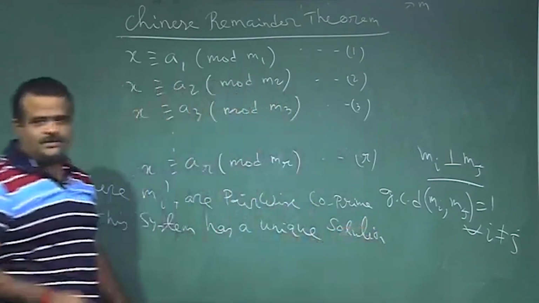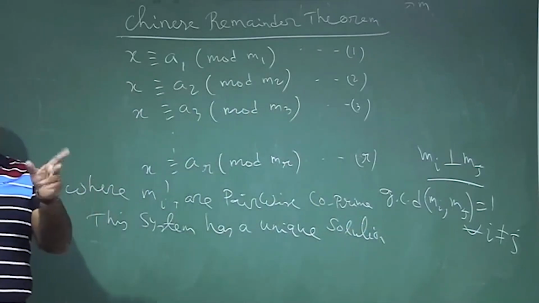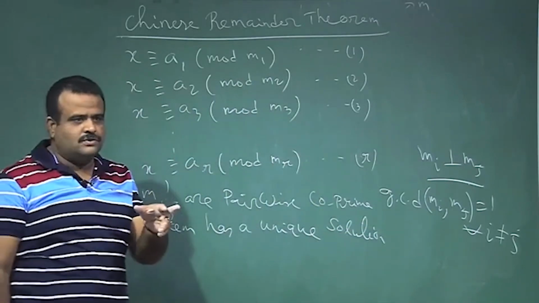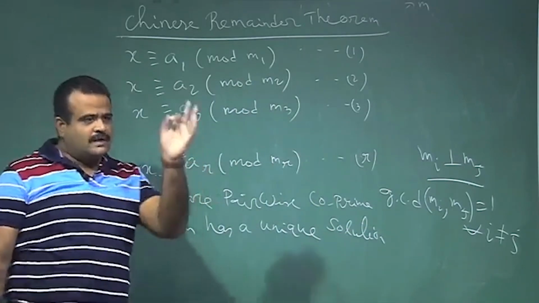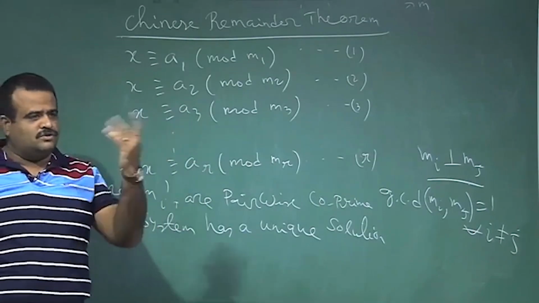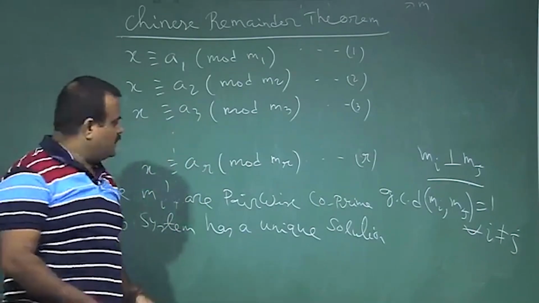Earlier the solution was 33, because any other solution will differ by 35. So if you take mod of that product, it will again give us 33. So that's why it is unique.